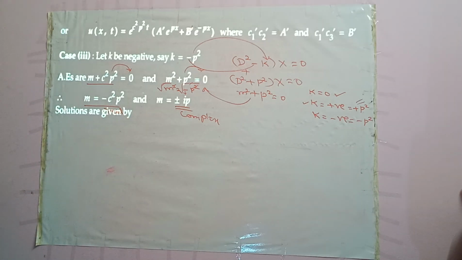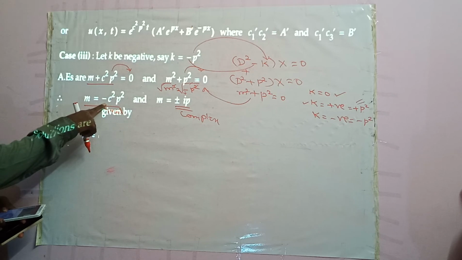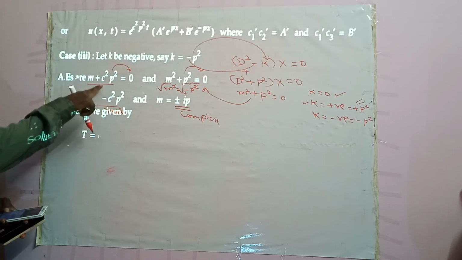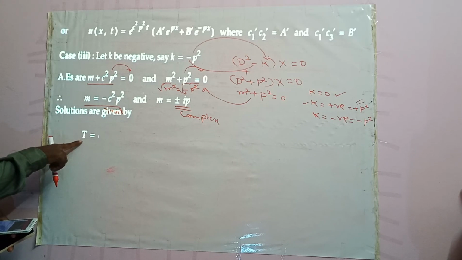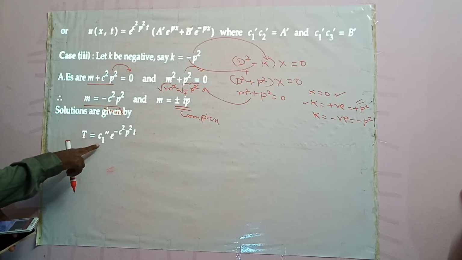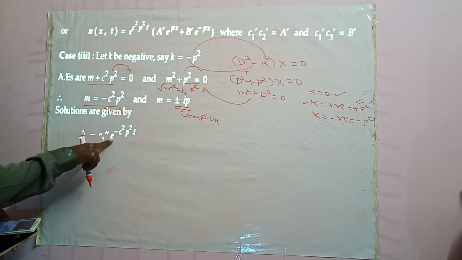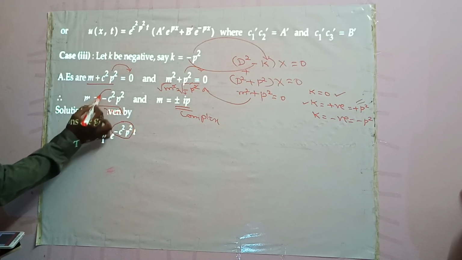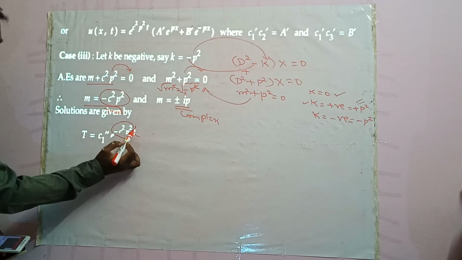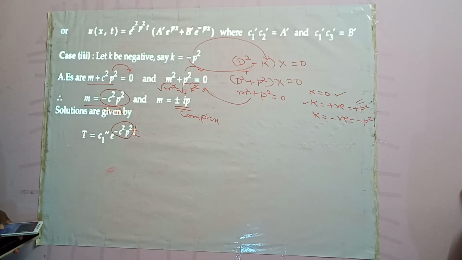How do we write the CF in this case? Let us see. Since this is the root for the differential equation which contains t, solution t is equal to c1 double dash e to the power the root into the variable t, right?